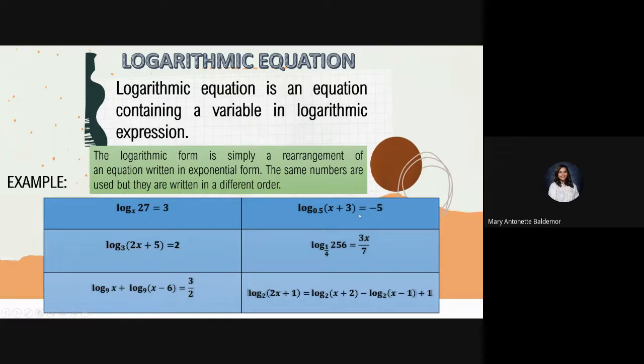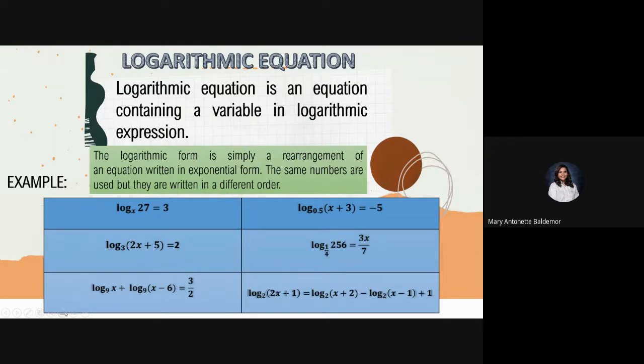The logarithm of x plus 3 with base 0.5 is equal to negative 5. The logarithm of 256 with base 1/4 is equal to 3x over 7. And lastly, the logarithm of 2x plus 1 with base 2 is equal to the logarithm of x plus 2 with base 2 minus the logarithm of x minus 1 with base 2 plus 1.